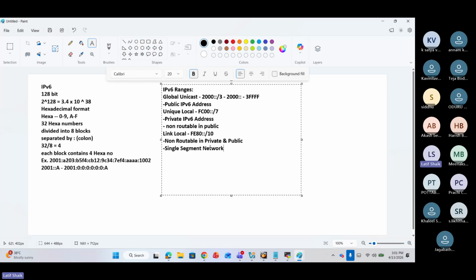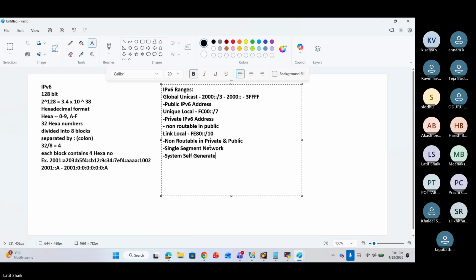But if you connect a router, we can't communicate outside the network, beyond the router. But within it, like when you connect devices to a switch or a hub, with link local we can communicate.